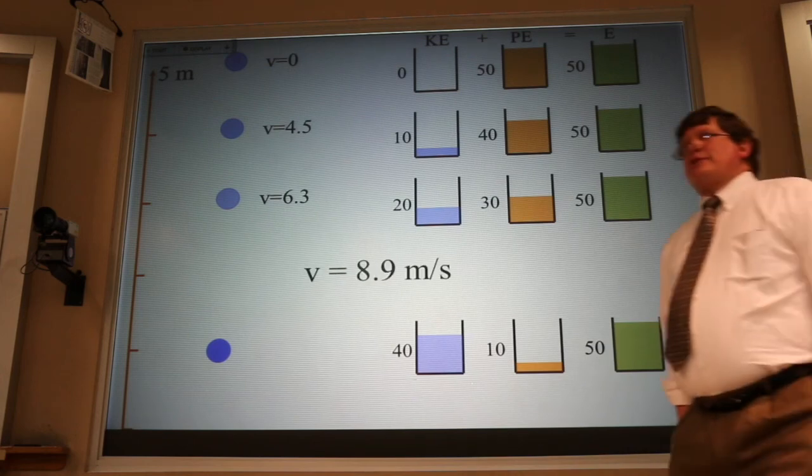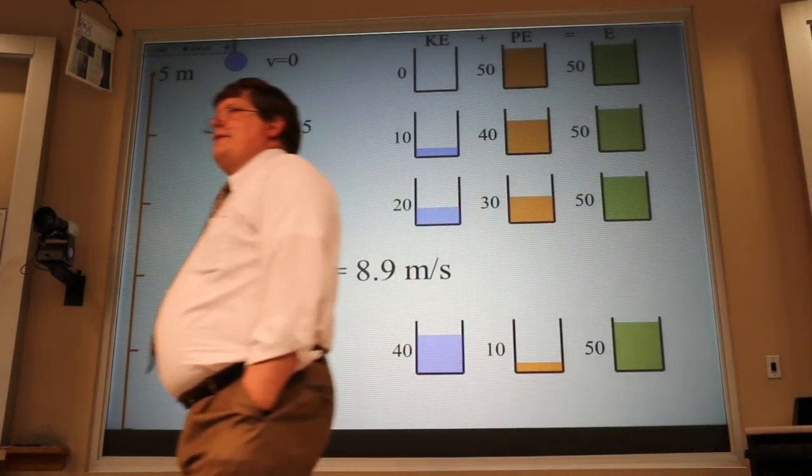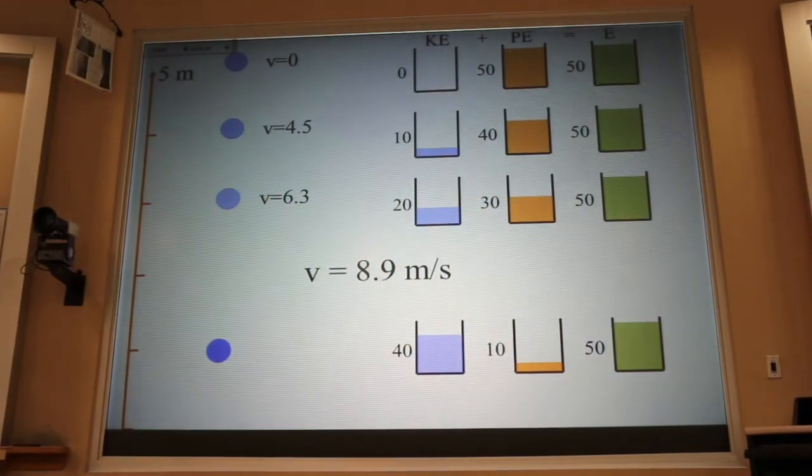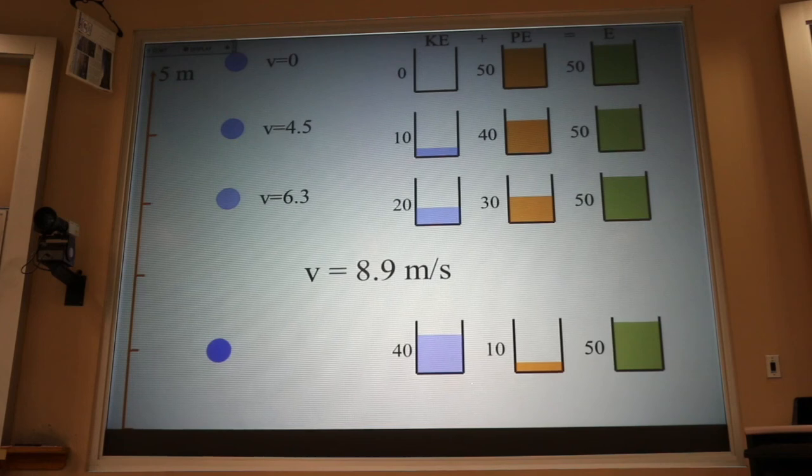Now I think I know what you're thinking right now. You're thinking, Greg, you just gave me a second way to solve a problem I didn't care about. I didn't care how fast that ball was going when it was 1 meter above the ground. I had to learn the first way to get through the first exam, and now you're teaching me a second way. Why don't I just use the first way?